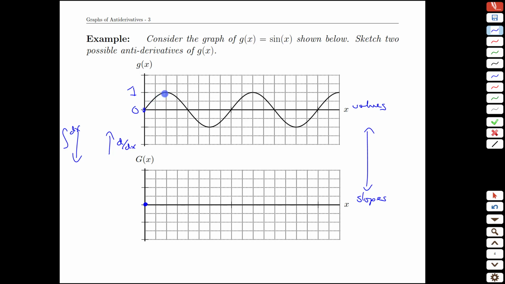Remembering the graph of sine peaks at 1, there's a zero value initially, so there'd be a zero slope initially in what we're trying to sketch here. Then the values go positive, and eventually we reach slope 1 at this point here. So something like this. At this point, we'd have a 45-degree line, slope equals 1.